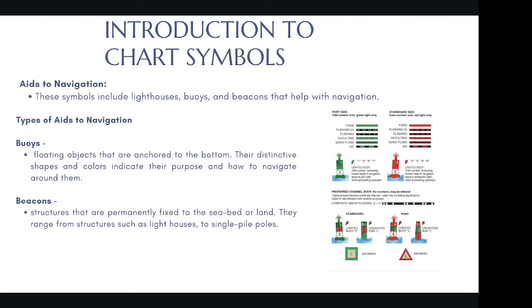First we have the buoys. The buoys are floating objects that are anchored to the bottom. They have distinctive shapes and colors that indicate their purpose and how to navigate around them. We also have the beacon: structures that are permanently fixed to the seabed or land. They range from a structure such as a lighthouse to a single pile pole.